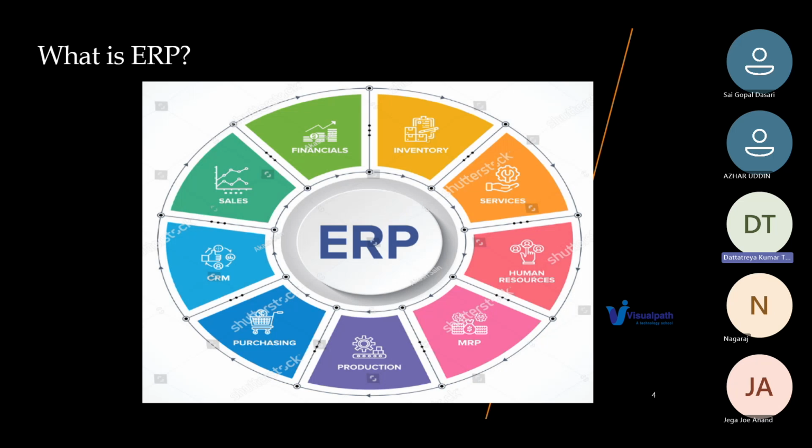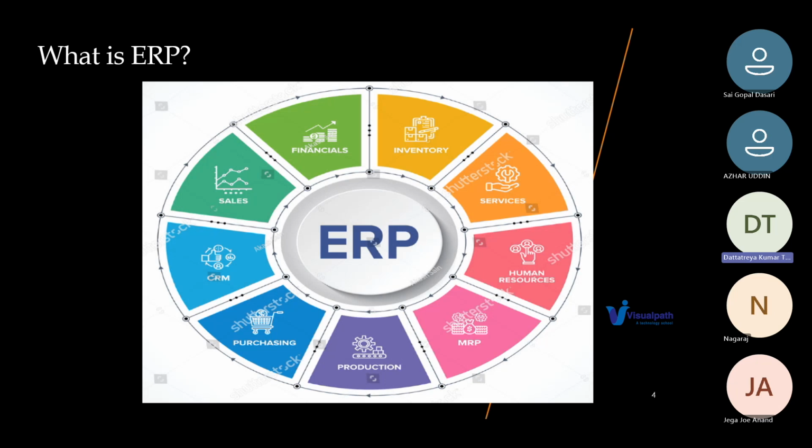ERP, if you see in some websites, it will be mentioned like ERP itself is a software. For me, I do agree with that particular statement, but if ERP itself is a software, then why do we have different names for the applications that are there? SAP is one ERP, Dynamics 365 F&O is one ERP, and PeopleSoft is one particular ERP.